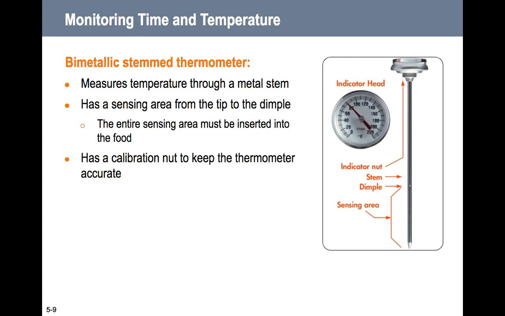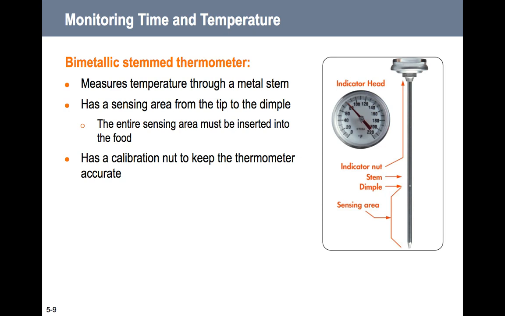As you can see, the top includes the indicator head, which will tell you what the temperature is. Just underneath the indicator head is the calibration nut. The entire rod of the bimetallic stem thermometer is called the stem. You should find a small dimple on the stem.